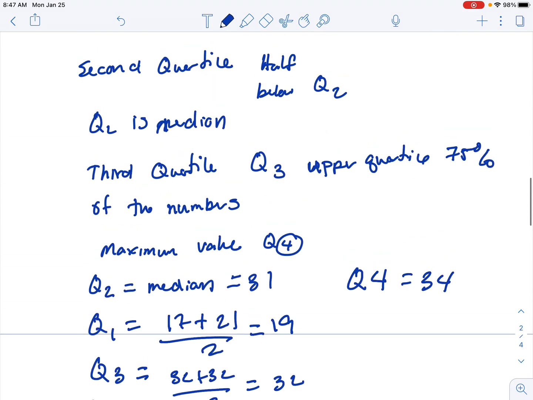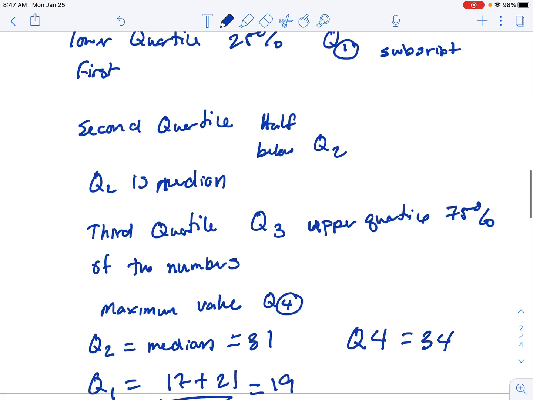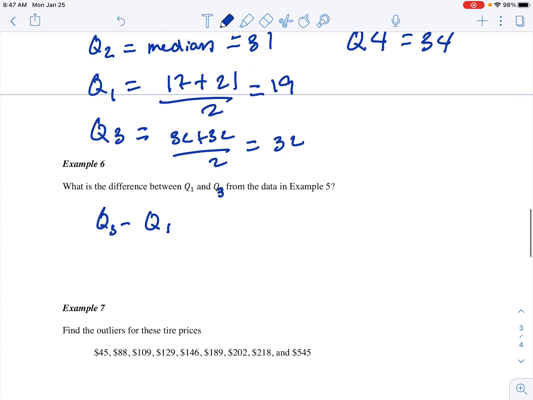If we look, Q3 is 32 minus 19, which equals 13. So that is your difference right there.